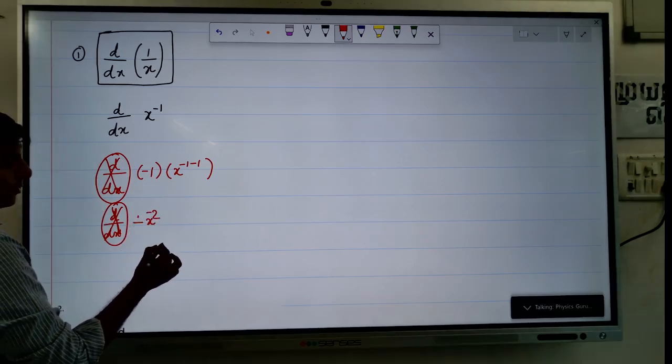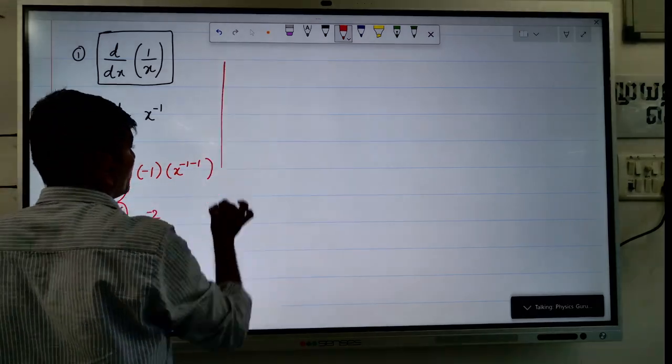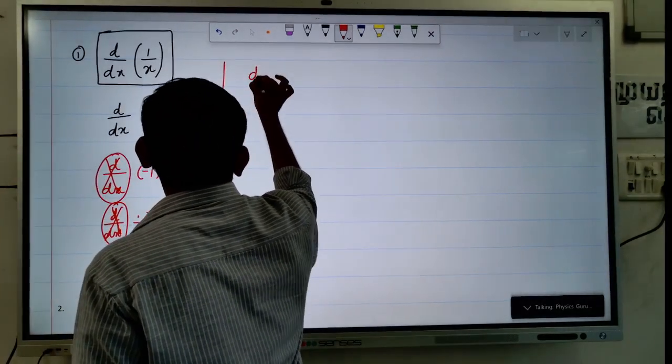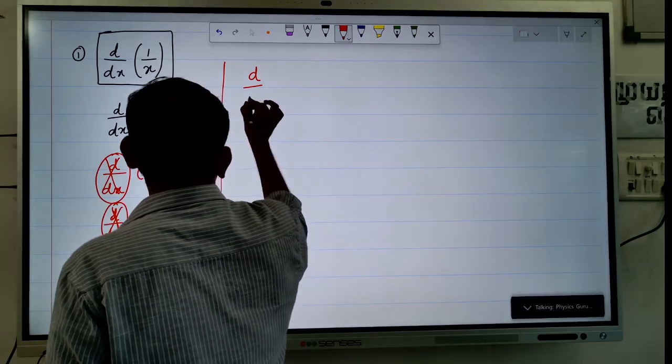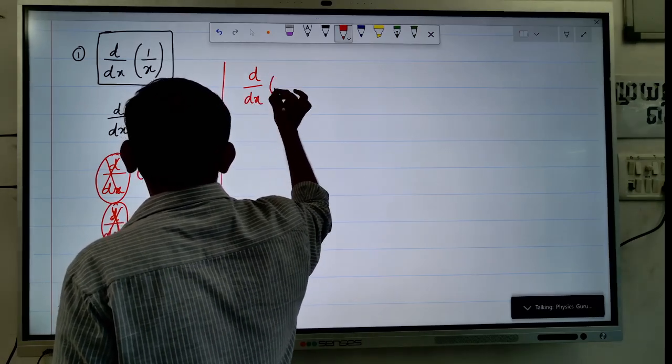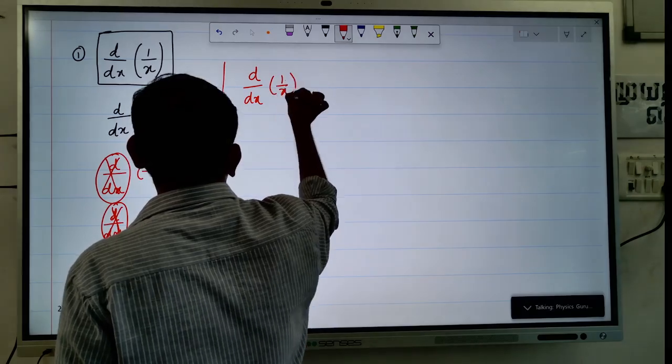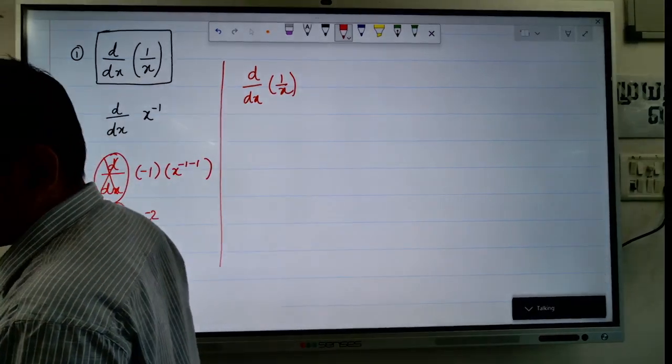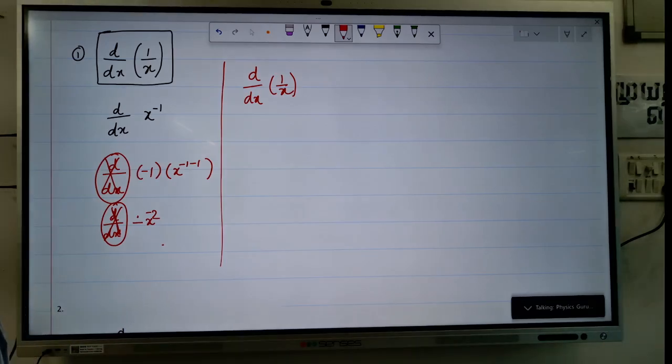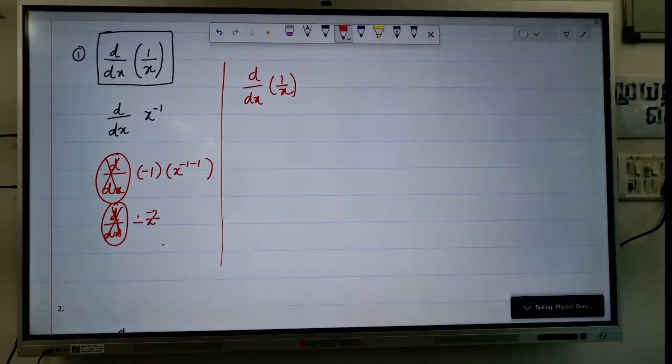What's the total value that we have now? We can say d by dx of 1 by x. What answer have you got?